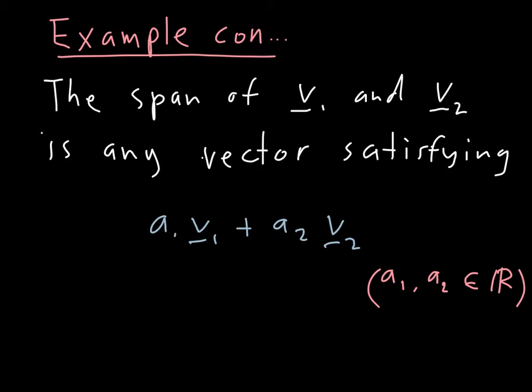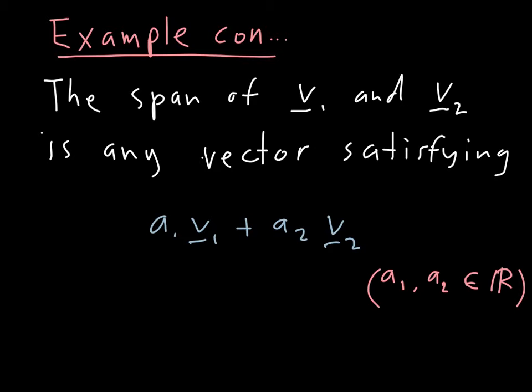So the span of v1 and v2 is any vector satisfying a1 times v1 plus a2 times v2, where a1 and a2 are real. Okay, so what does this mean?